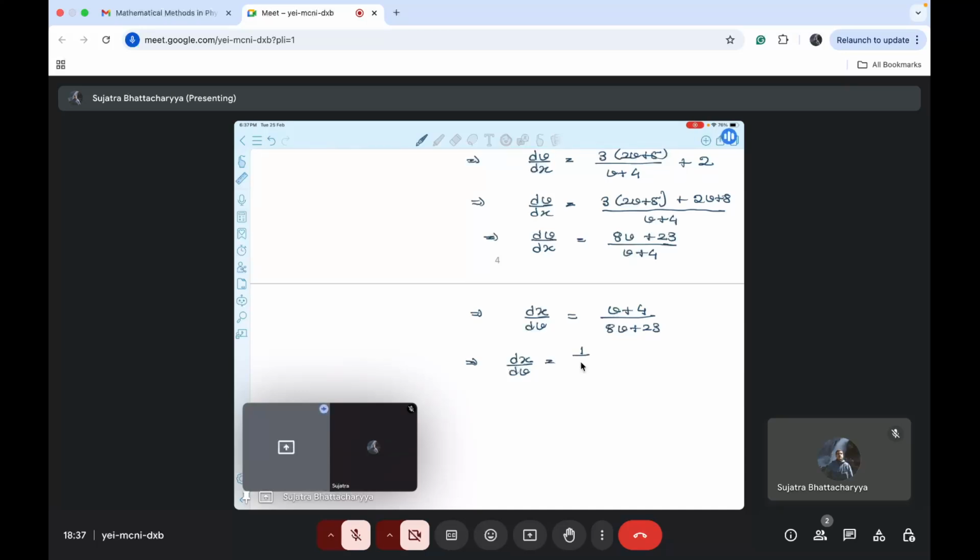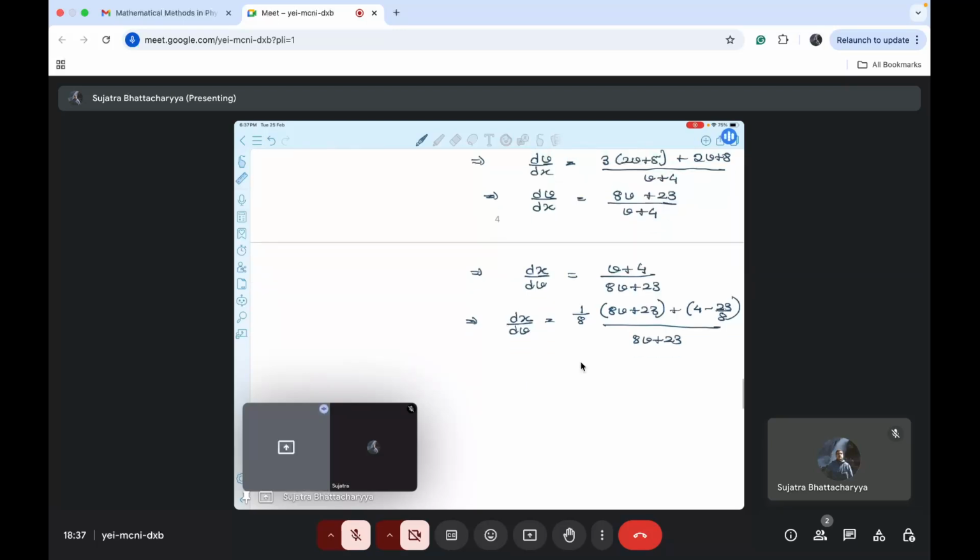Can we write this as 1 by 8 times (8V plus 23) plus 4 minus 23 by 8? Why have I done this? Because in the denominator you have 8V plus 23. I want it intentionally. So if you do that, you can clearly see that you will be getting V plus 4 here. Simple, it's easy.